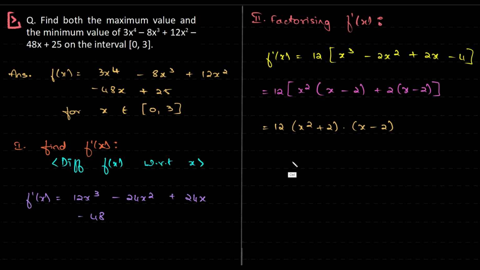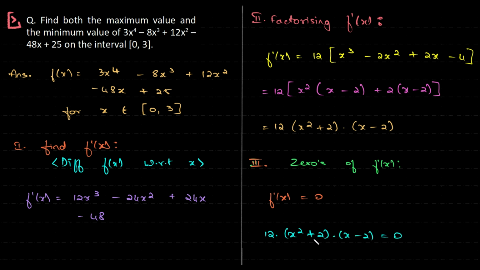Now, we have the zeros of f prime of x. So we have f prime of x equated to 0, right? So basically 12 times x square plus 2 into x minus 2 should be equal to 0.